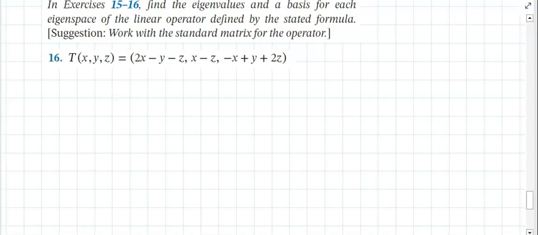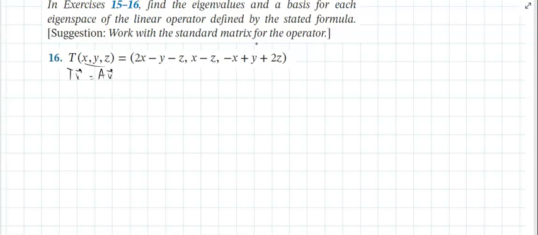We look at number 16, T of x, y, z equal the following. Find the eigenvalues and the basis for each eigenspace of the linear operator defined by the stated formula. Suggestion: work with a standard matrix for the operation. Okay, well, if we take T of x, where x is x, y, z, isn't that Ax? Isn't that how those linear operators work?